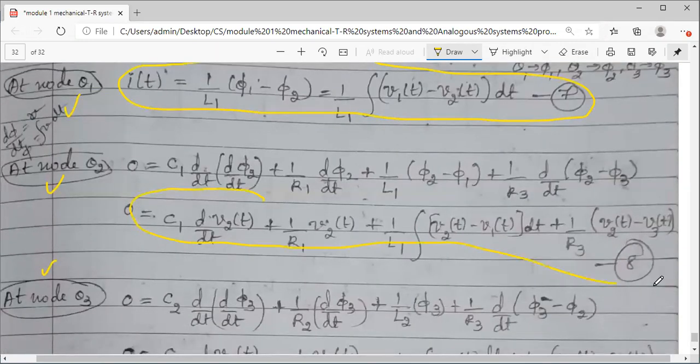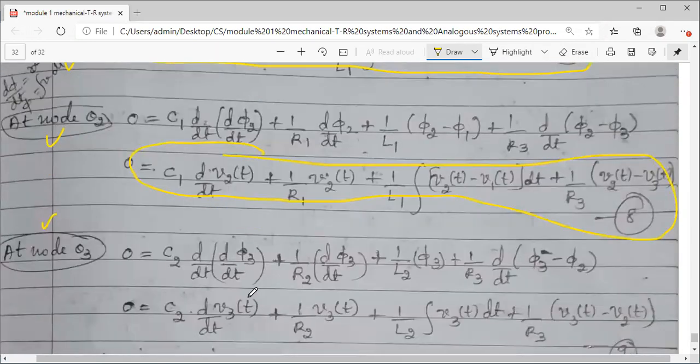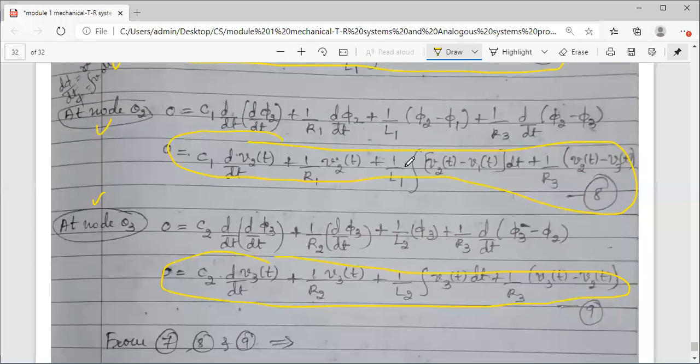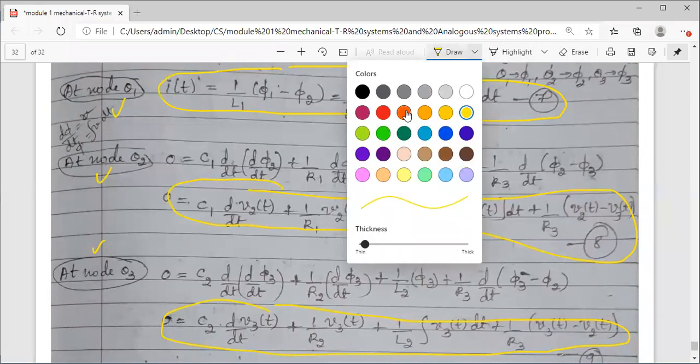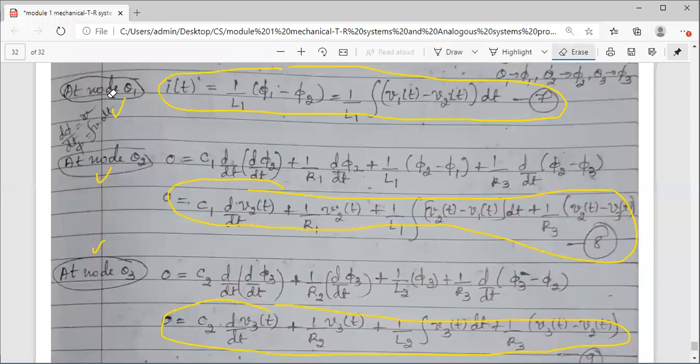Second equation, third equation. With these 3 equations, I will now draw this equivalent network. First, what I will do, number of displacements. Kitne hain? Number of displacements I am having 3, theta 1, theta 2, theta 3.